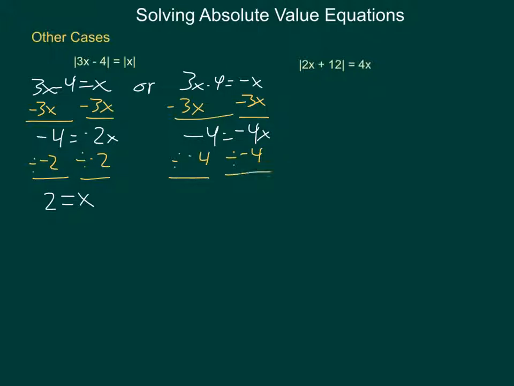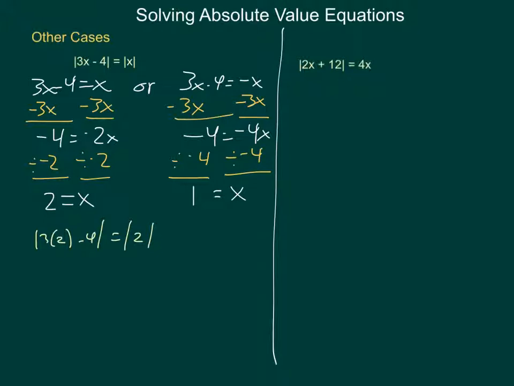Dividing both sides by negative 4 tells me that x is equal to 1. Now, let's go through and check these. Left-hand side: the absolute value of 3 times 2 minus 4 is supposed to equal the absolute value of 2.